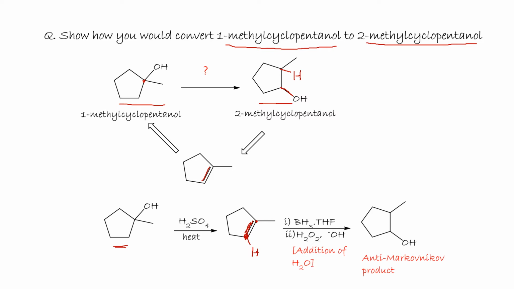How do we add water anti-Markovnikov? We use the hydroboration-oxidation method. So we treat the alkene with borane and tetrahydrofuran, followed by hydrogen peroxide in base. We get the anti-Markovnikov product, 2-methylcyclopentanol.